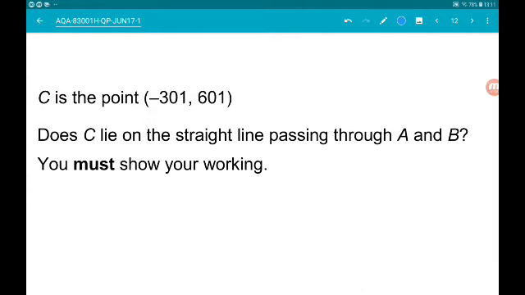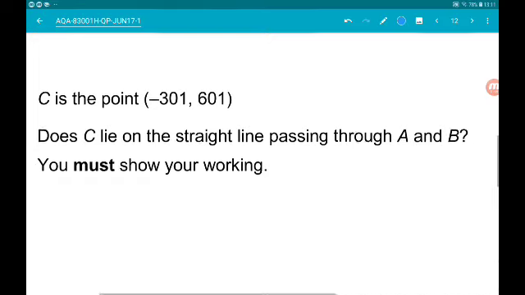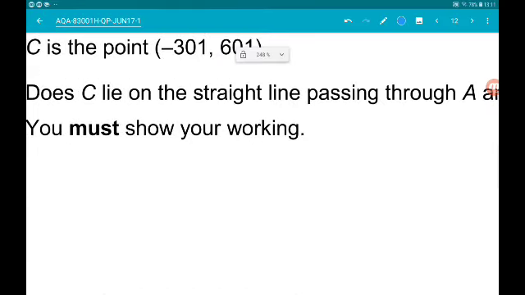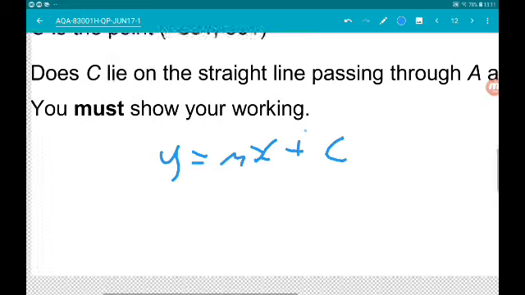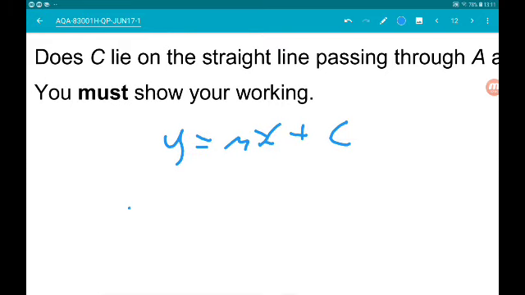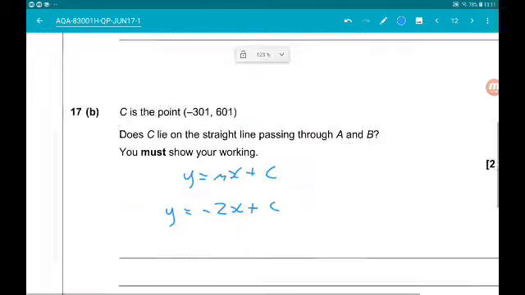So, for this, we need to find the equation of the line passing through A and B. So, general equation of a straight line is y equals mx plus c. We know from part A, m is minus 2. So we know that our line is of the form y equals minus 2x, add c.